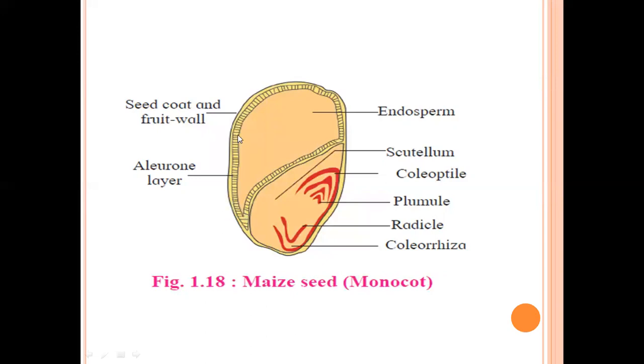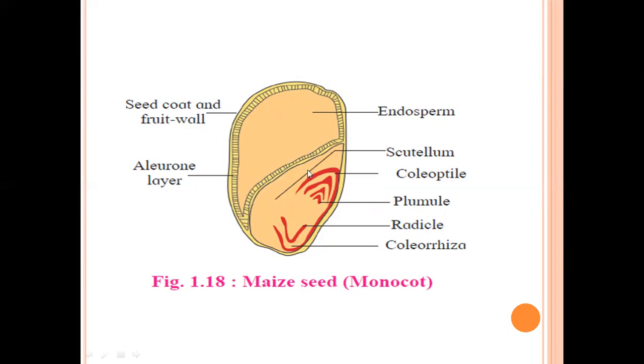It is present around the whole endosperm. Monocot seed is divided into two parts by this aleurone layer.